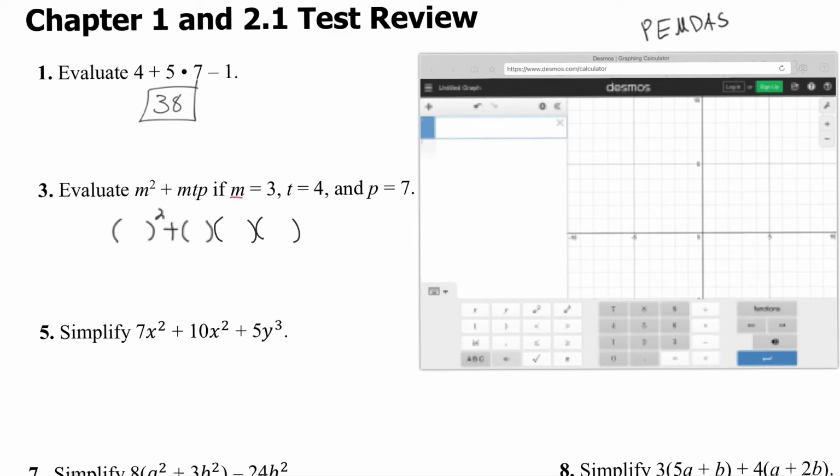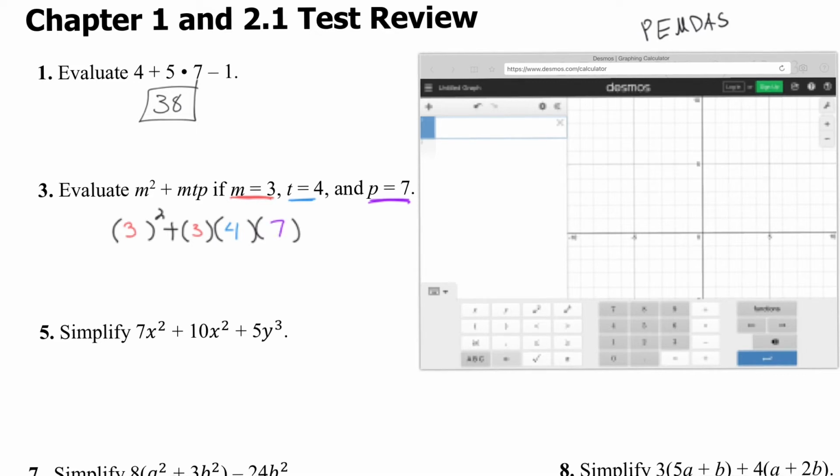M is 3. So I'm going to put 3 inside the parentheses. There's a 3 squared, plus m again. So I'm going to use 3 again right here. And t is 4. So I put 4 in the second parenthesis, or in this case, it's the third one. Right here, and then the last one is p, which is 7. So I'm going to use the number 7 for the last parenthesis.